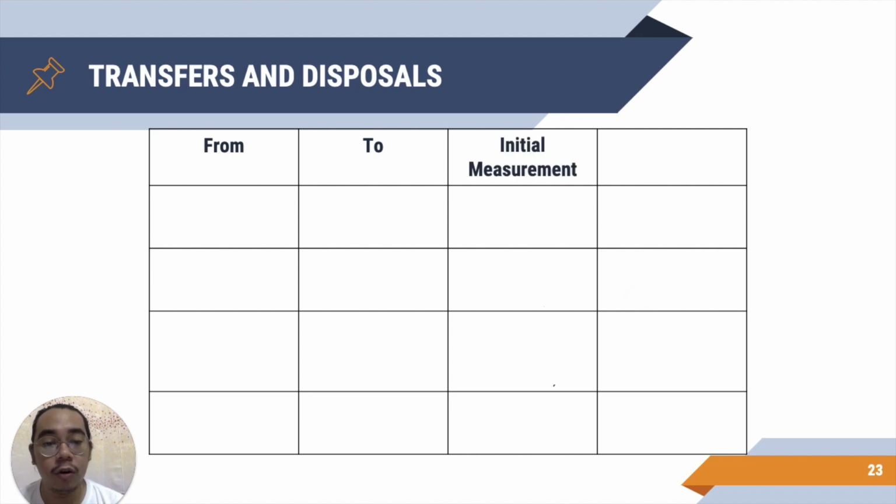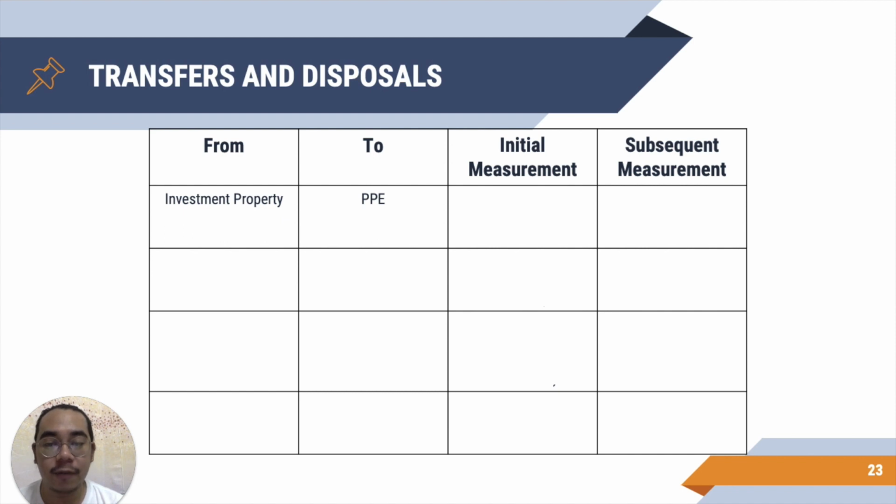The third column is the initial measurement or what will be the measurement on the date of transfer. And finally, the fourth column is yung subsequent measurement or how do we measure it after the transfer. So, ang first natin is, kunwari, galing siyang investment property. Tapos, ita-transfer mo siya to property, plant, and equipment.